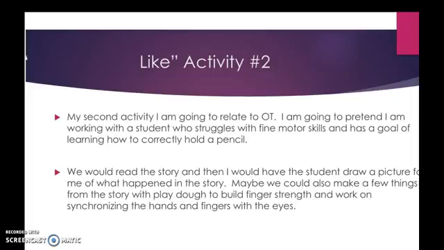We read a story, and then I had the student draw out the picture of what happened in the story. If I were in the OT room or working with a student who needed OT help, we could maybe use Play-Doh to build finger strength and work on synchronizing the hands and fingers with the eyes, and make some things that happened in the story.